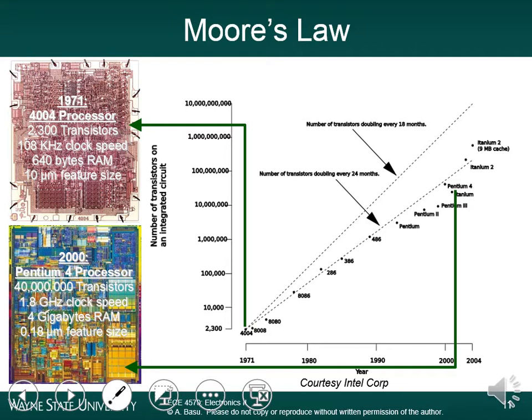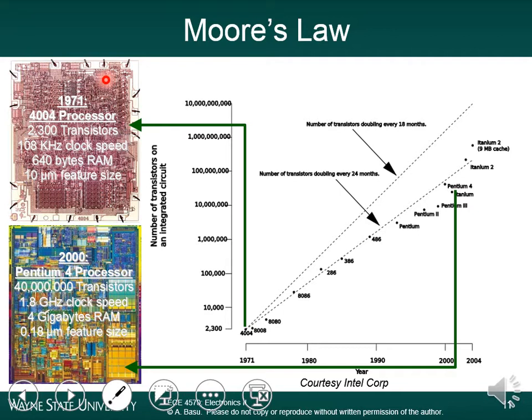So there's been a trend since the 1970s. One of the first commercial microprocessors was this one over here. It's the 4004 processor made by Intel. And that processor had 2,300 transistors on it. The clock speed of the processor was 108 kilohertz.